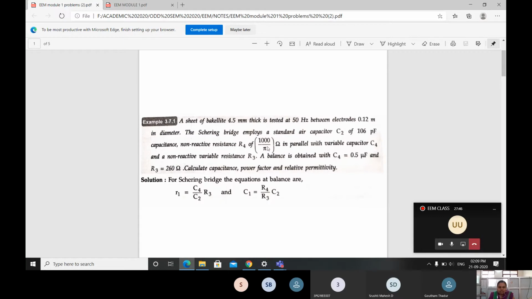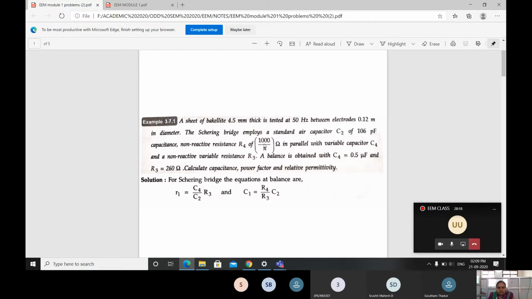R4 is given as 1000 by pi, in parallel with variable capacitor C4, and a non-reactive variable resistance R3. A balance is obtained with C4 equal to 0.5 microfarad and R3 equal to 260 ohms. Calculate the capacitance, power factor and relative permittivity.